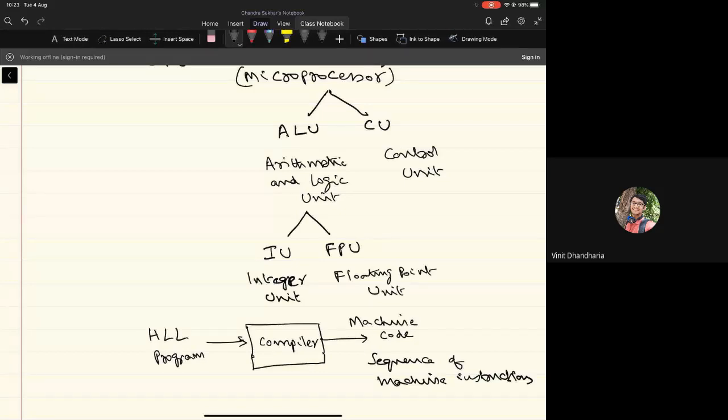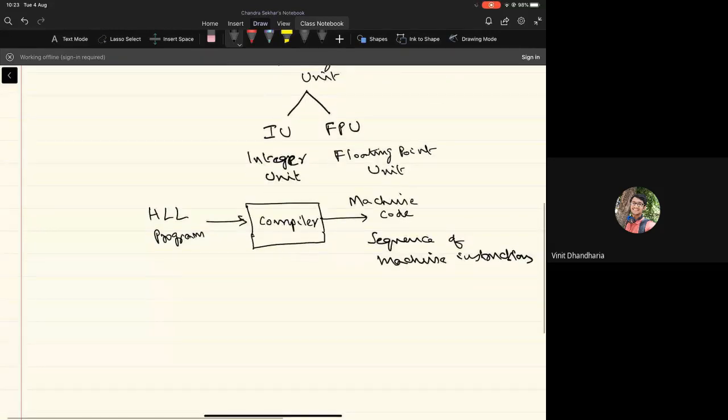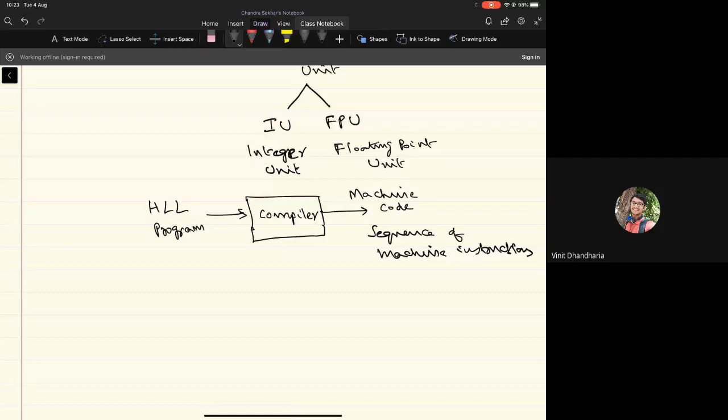And it is not just processing the data, we also need to look into how we store the data, where we store the data, and where we access this data, and also the program. So the second part of this course is going to be on understanding the issues involved in the design of the memory component.